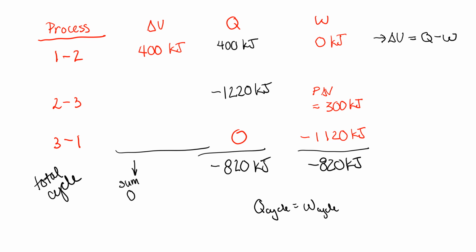Delta U at every step is Q minus W. So delta U here is negative 1,520 kilojoules.